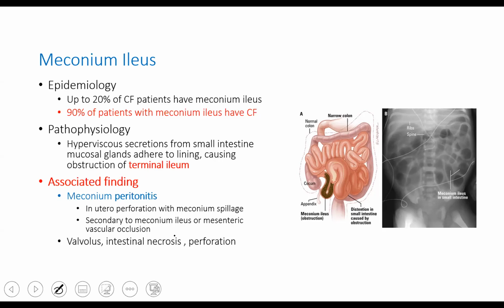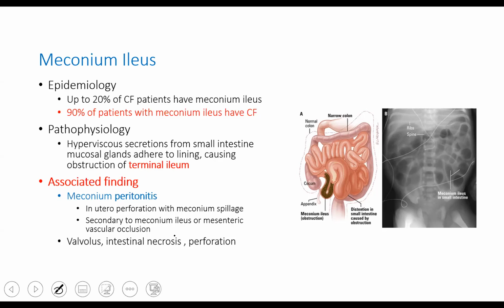In cystic fibrosis, the whole secretion is very sticky and hyperviscous: the bronchial secretion, the salivation, everything is very thick. When you come to the bowel, the meconium, all the secretion becomes very thick and viscous, and that can obstruct.